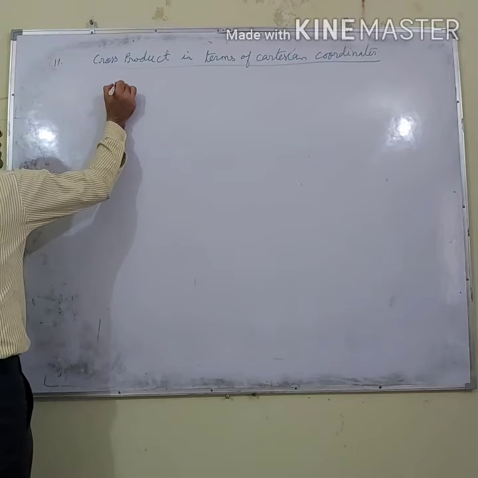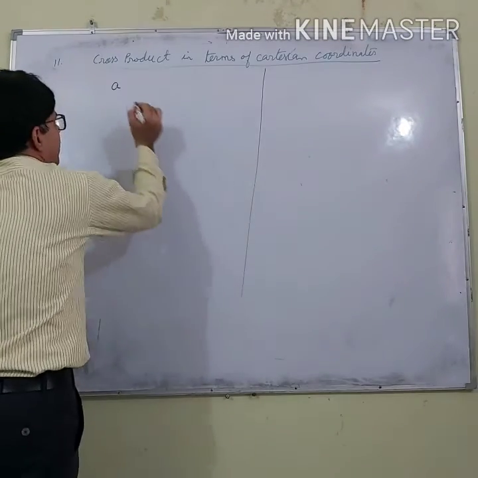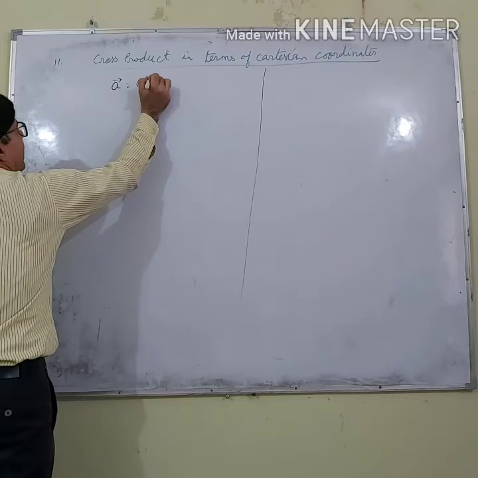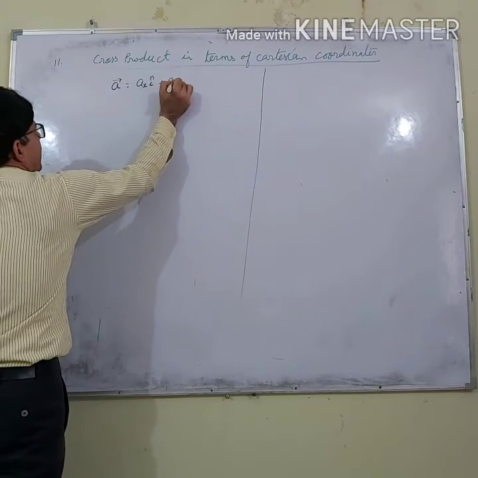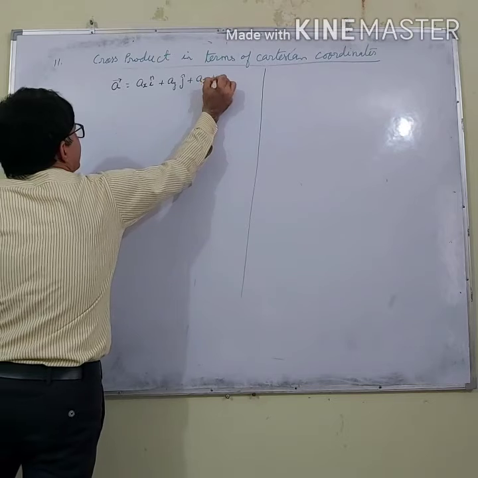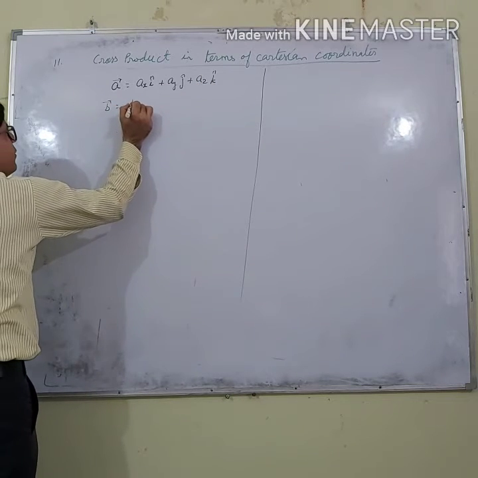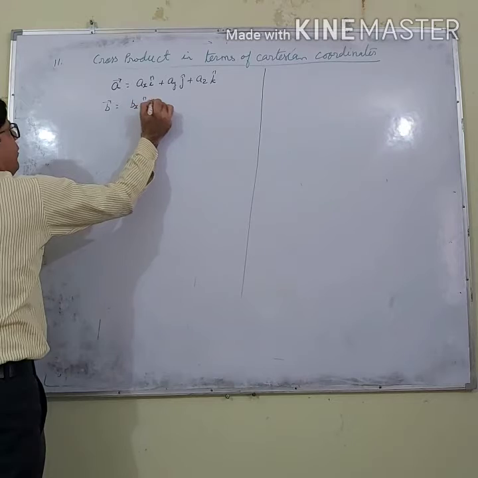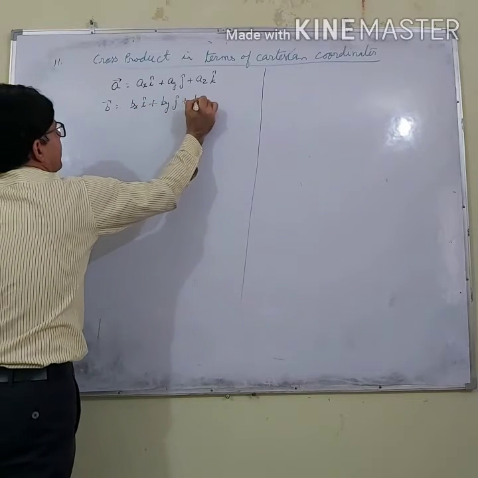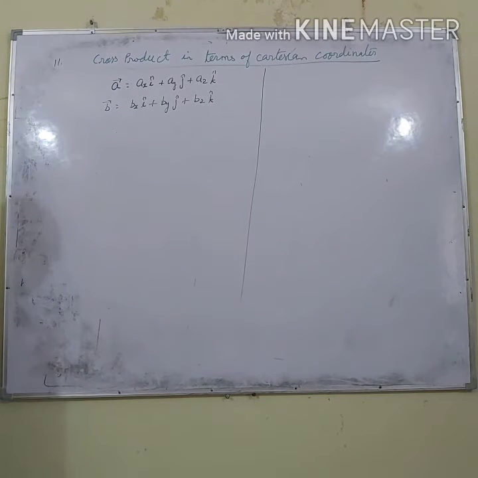Let us say vector A equals AX i cap, AY j cap and AZ k cap. Vector B is BX i cap, BY j cap, BZ k cap.